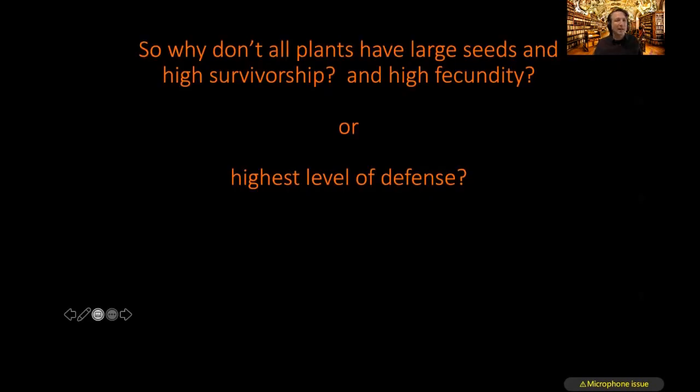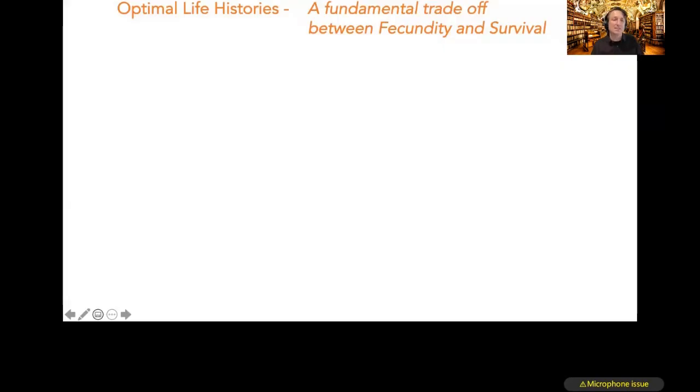So why don't all plants have large seeds and high survivorship and high fecundity? Or why don't all plants just invest to the highest level of defense? Well, we don't see that in nature because of how natural selection shapes life histories in different environments. There is a trade-off ultimately between fecundity and survivorship.